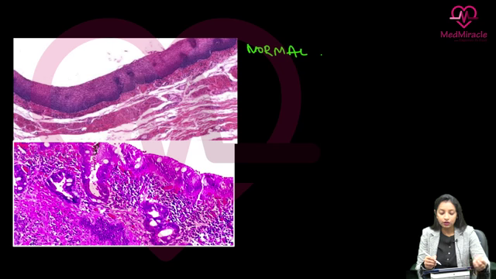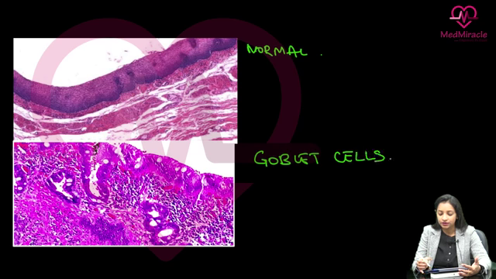Now, whenever in the lower esophagus there is a reflux of the gastric contents, there is injury to the esophageal mucosa and there is metaplasia which is columnar metaplasia, intestinal metaplasia. So, we see goblet cells. These goblet cells are characteristic of Barrett's esophagus. So, columnar metaplasia or intestinal metaplasia are the words that you are looking for when you talk about Barrett's.